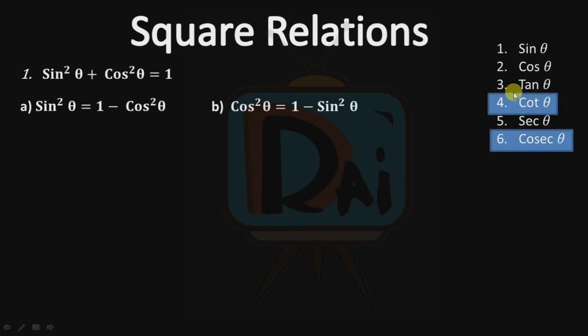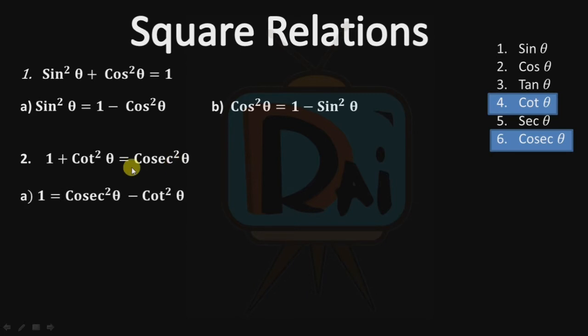Next square relation is cot theta and cosec theta. It's easy to remember: C for cot, C for cosec. So C to C relation. If you are confused, then remember that C to C relation, cot theta and cosec theta, is related like this: 1 plus cot square theta is equal to cosec square theta.